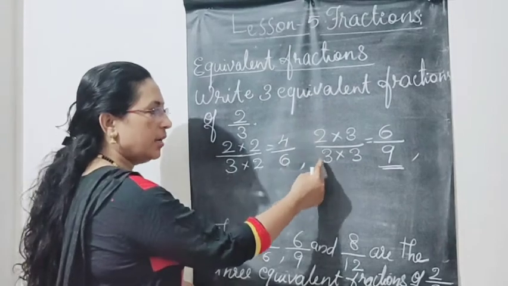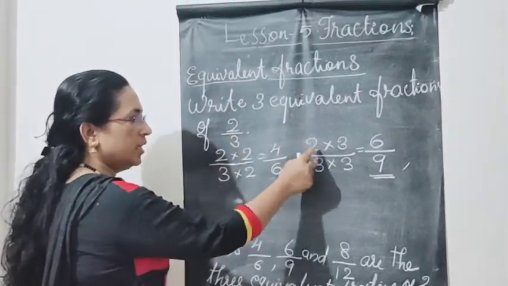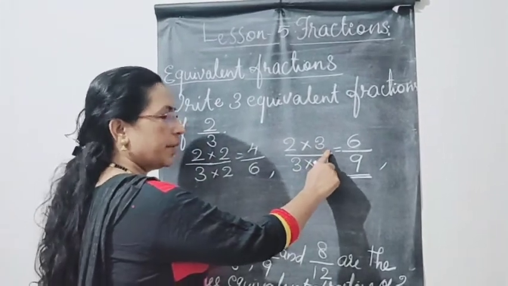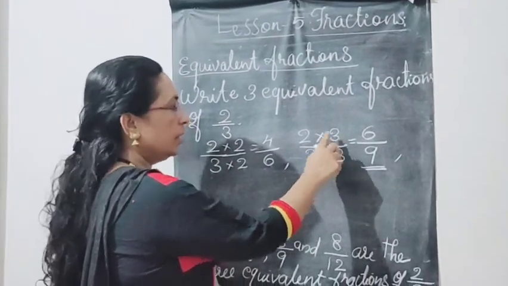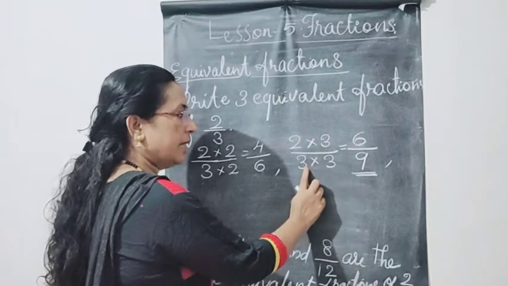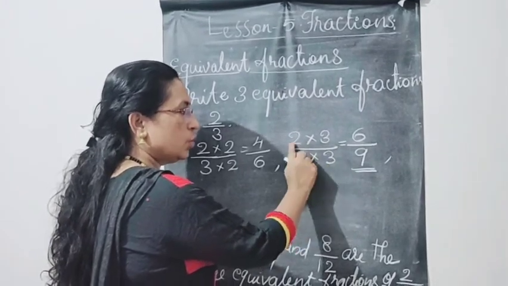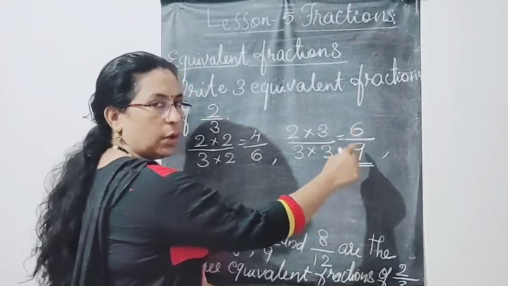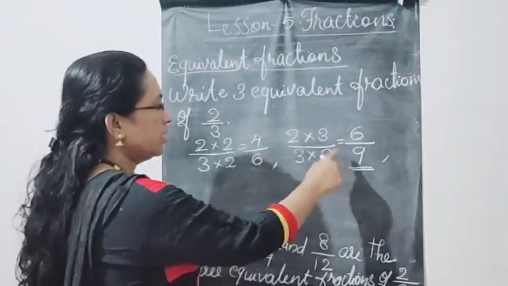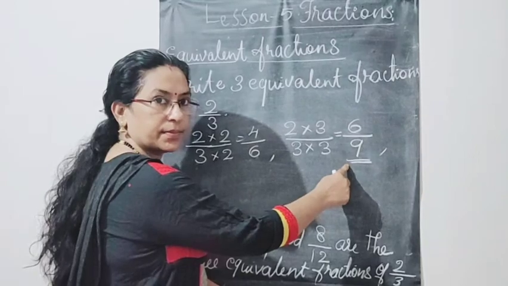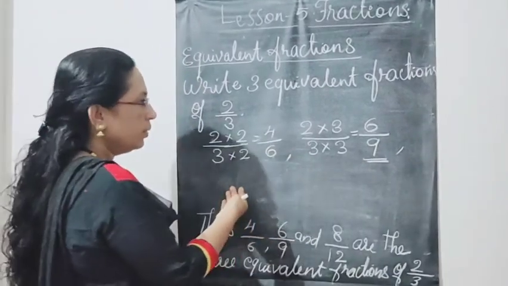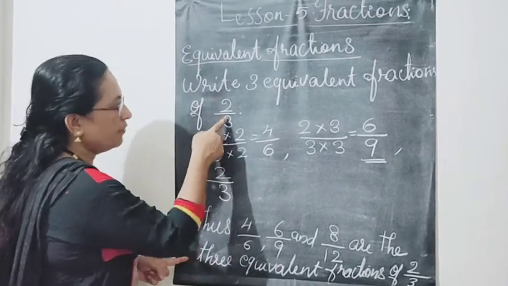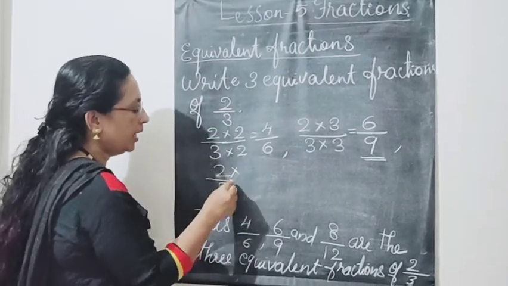Again write the same question, that means the fraction 2/3, and take the next number 3. 2 multiply 3 and 3 multiply 3. 2 3s are 6 and 3 3s are 9. So one more equivalent fraction of 2/3 is 6/9. Now 2/3, again write the same fraction, and multiply by any number.